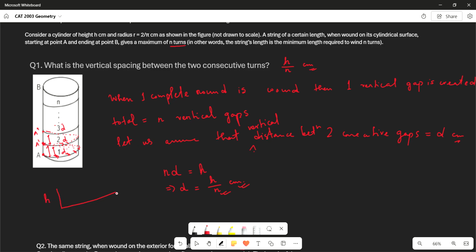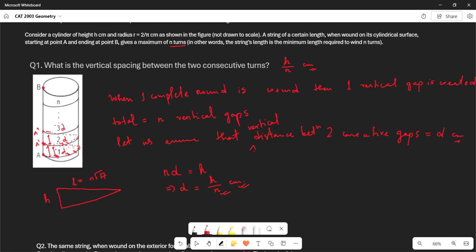What is the horizontal distance covered? I don't know, I'll figure it out, and then this will be the length of the string, right? From here I am winding the rope or the string, and then it ends at B. So this will be the length of the string only, which we have already figured out in question 2, which is n root 17.